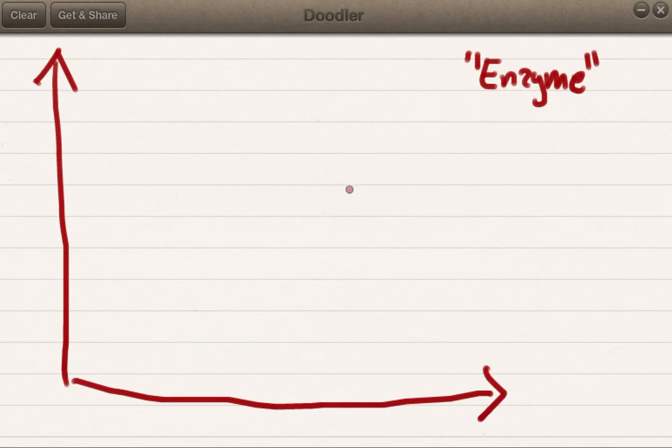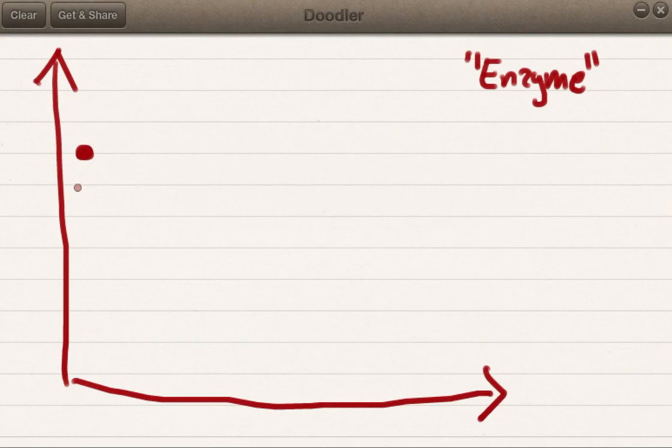And the way that the enzyme does it is the following. Let's say that I have a chemical reaction in the human body. It could be any reaction right now that you want to imagine. We'll keep it kind of general at this point. And this is how that chemical reaction would normally be.